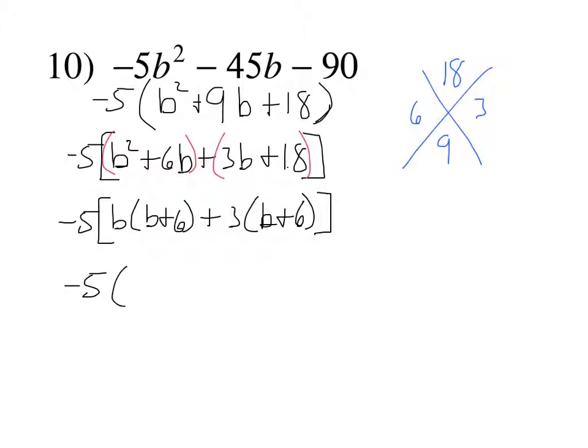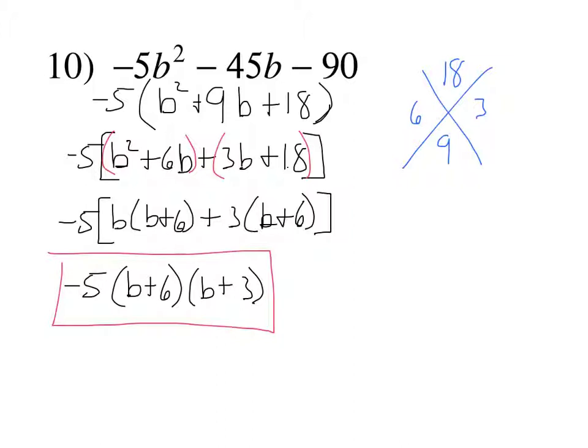So we have negative 5 times b plus 6 times b plus 3. See if I can write that a little neater for you. There we go. There's number 10. Anything else? Again, look at the back. There are more problems there as well.